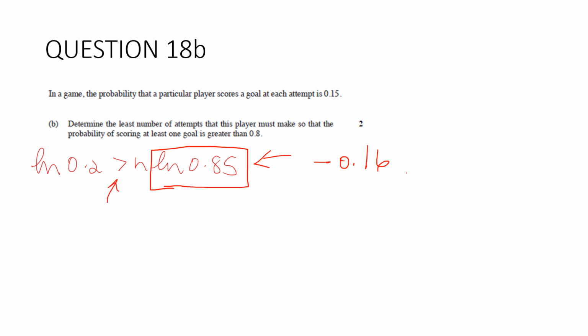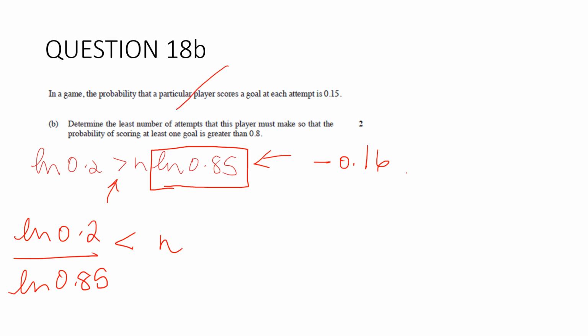So this is going to become ln 0.2 divided by ln 0.85 is less than n. Now, if you reckon that you're not going to think of that, what you can always do is actually just solve an equation. So ln 0.2 equals n ln 0.85, and then test your answers.